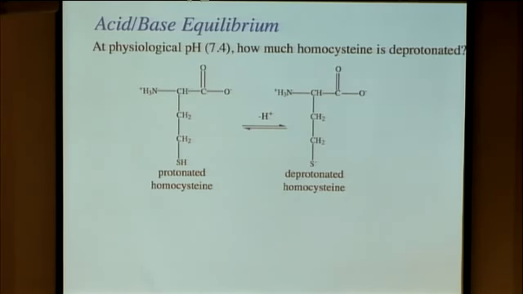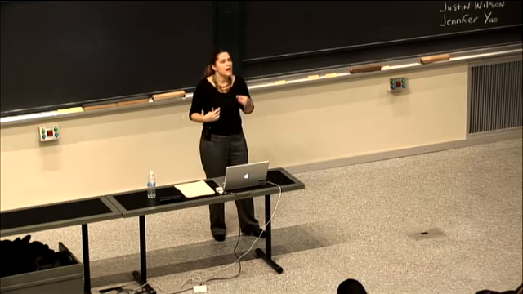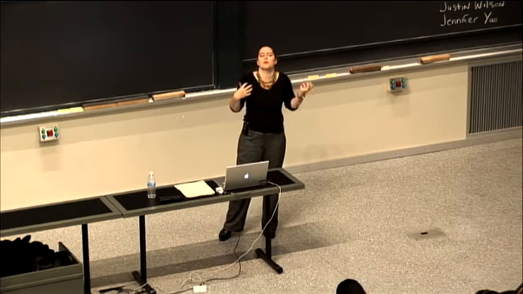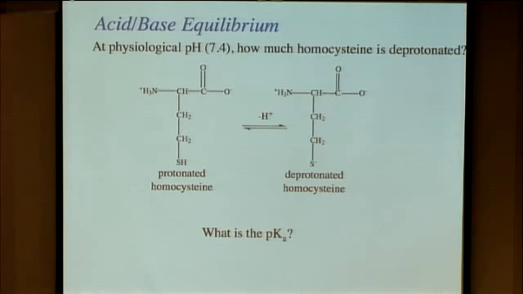here. So we want to know at physiological pH 7.4 how much of the homocysteine is deprotonated. And if you're asking how much of something is in a protonated state, how much is in a deprotonated state, what you are asking is, what is the pKa of homocysteine?